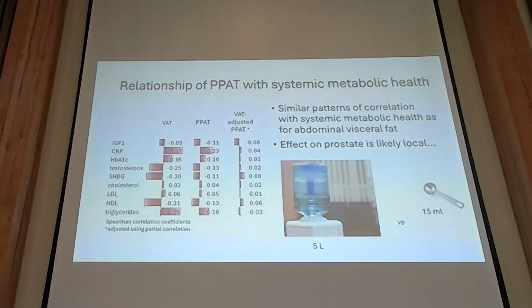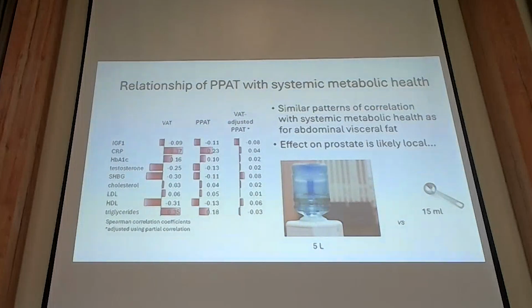Given that PPAT was moderately correlated with abdominal visceral adipose tissue, we wondered whether it's just because PPAT is correlated with VAT that we're seeing the same pattern of relationship. We used partial correlation to adjust for abdominal VAT and found that the relationship of PPAT with these systemic measures of metabolic health was really attenuated.